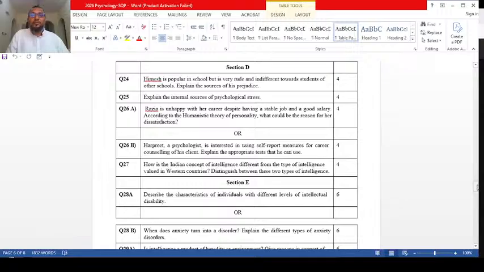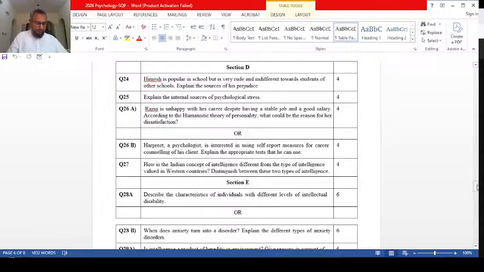Himesh is popular in school but is very rude and indifferent towards the students of other schools. Explain the sources of his prejudice. Yes, prejudice is an extreme negative attitude towards others in society, in our day-to-day life.